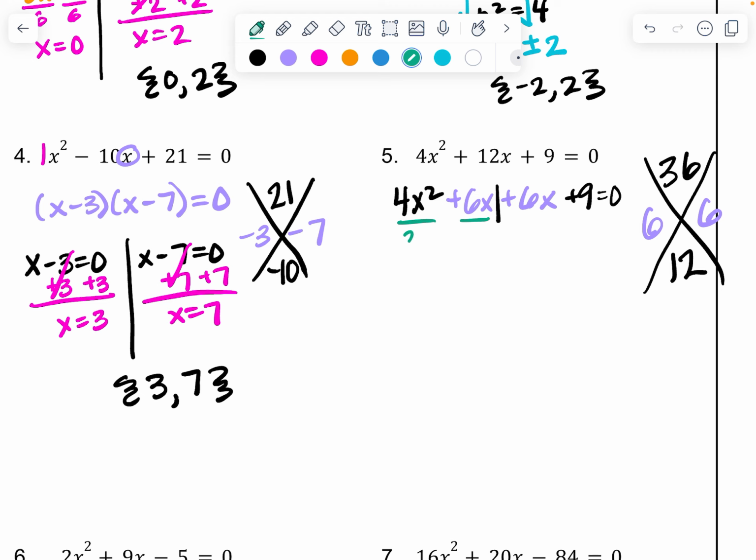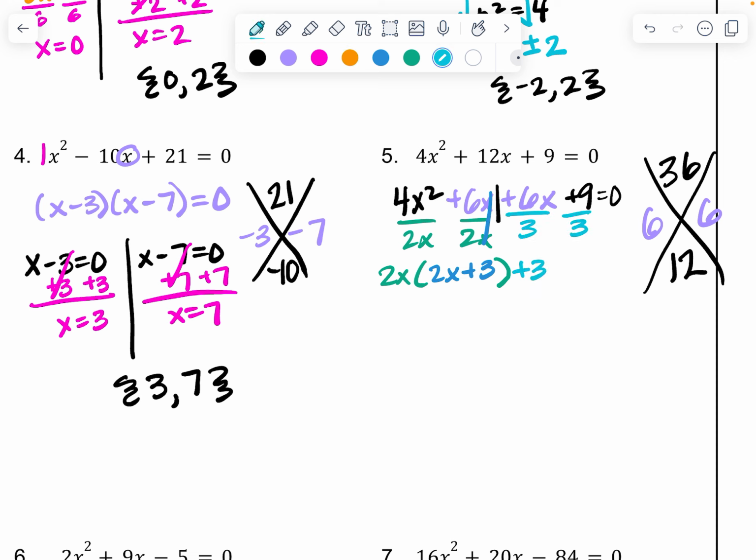So greatest common factor is 2x. Now I have 2x plus 3. 9 divided by 3 is 3.